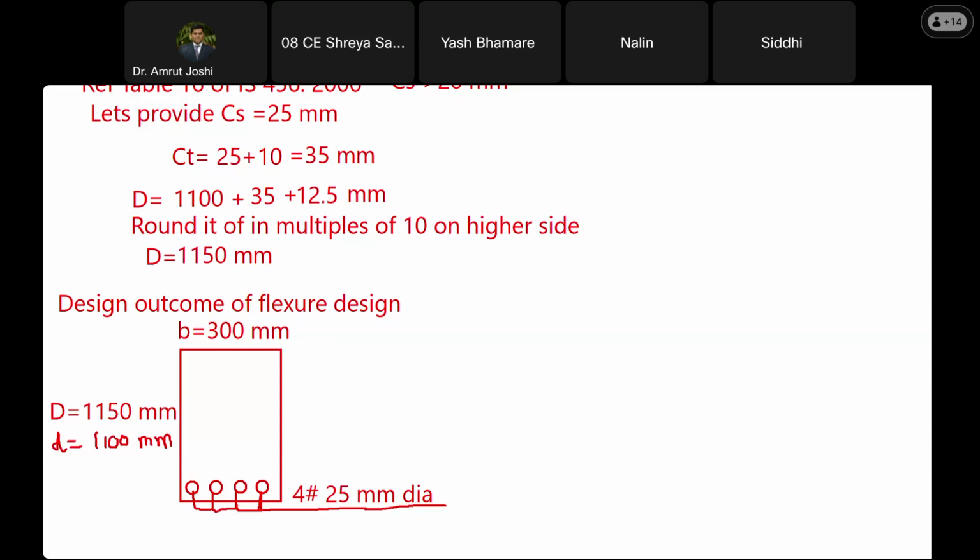Now, this is as far as the flexure design is concerned, but we have not designed the beam for shear. Are you with me? So therefore, corresponding to shear, you are going to have a reinforcement looking something like this.